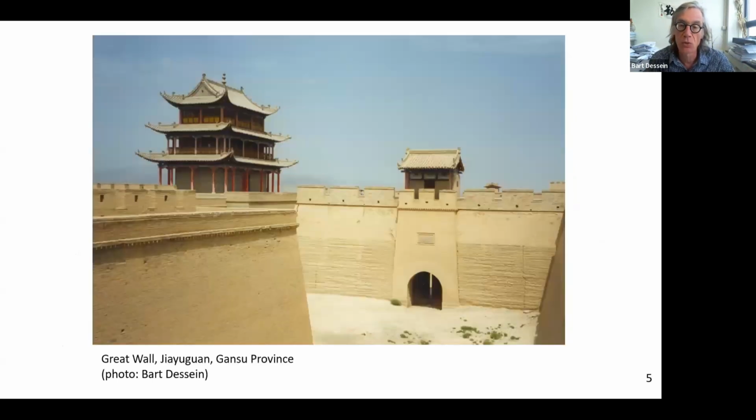If you go to the westernmost part of the wall, you end up at Jiayuguan in Gansu province. This is a fort, and the wall ends in a fort. Beyond the fort, there is the Taklamakan Desert, which is a natural boundary. So no external threat was perceived to be able to cross the Taklamakan Desert into the Chinese heartland.